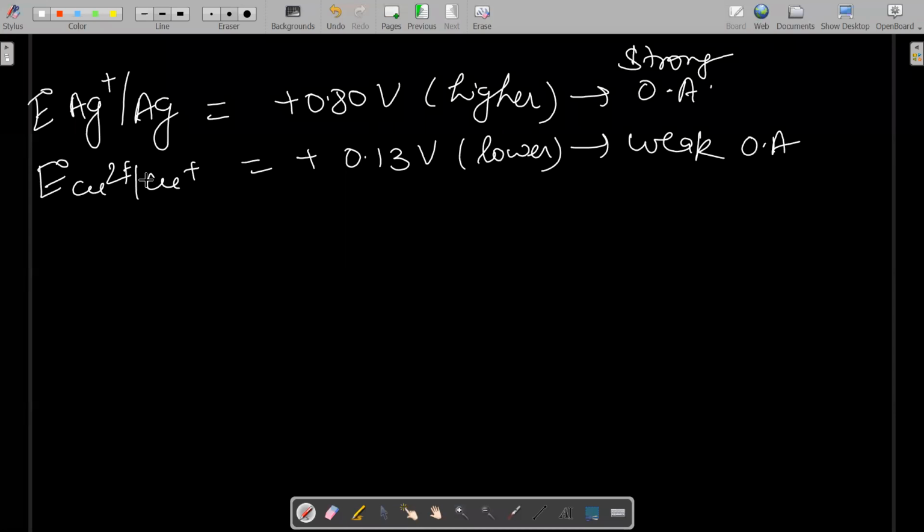Okay, so what is the reason कि Tollens test can oxidize aromatic aldehyde? तो टॉलेंस टेस्ट एरोमेटिक एल्डिहाइड को ऑक्सीडाइज कर देता है बिकॉज इसकी ई नॉट वैल्यू क्या होती है, हाई होती है. तो द सब्सटेंस विच ई नॉट वैल्यू इज हायर वो स्ट्रॉन्ग ऑक्सीडाइजिंग एजेंट हो गया. तो टॉलेंस रिएजेंट इज स्ट्रॉन्गर ऑक्सीडाइजिंग एजेंट देन फेलिंग रिएजेंट बिकॉज ऑफ हाई ई नॉट वैल्यू. And this is the reason it can oxidize aromatic aldehyde, but Fehling reagent cannot oxidize aromatic aldehyde. So this is the one reason also.